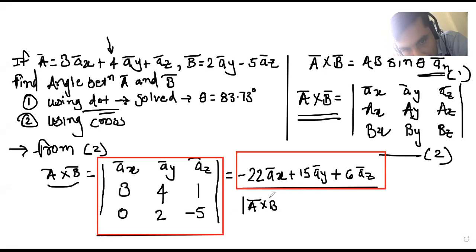That means I am taking only the magnitude of the left hand side. It is equal to, on the right hand side also we are taking only the magnitude, so I can write AB sin theta. This is only the magnitude. A bar n is the direction, but I do not want to write the direction here.